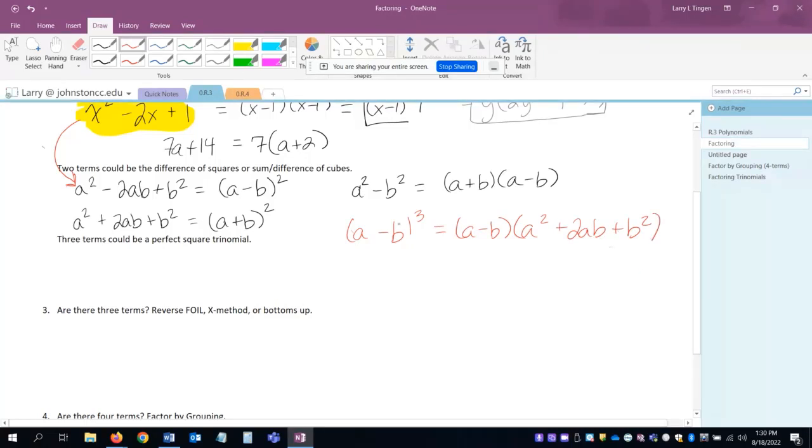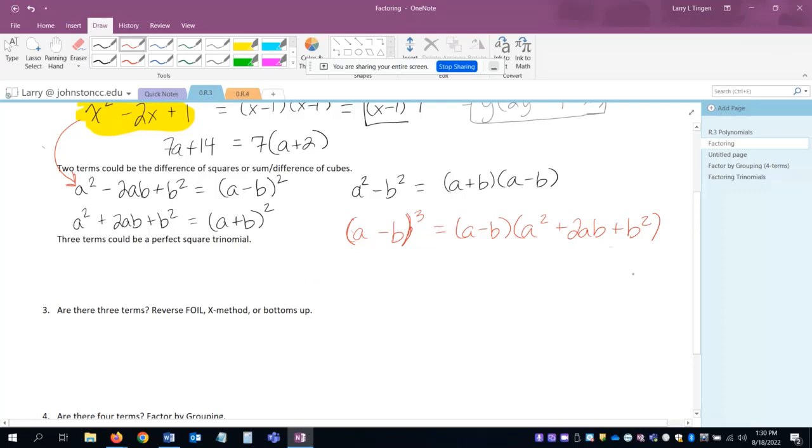I don't know that one off the top of my head. So if I'm ever going to use it, I've got to have access to that equation. So for a test, you would definitely want to write some of these down in case you encounter them later on.